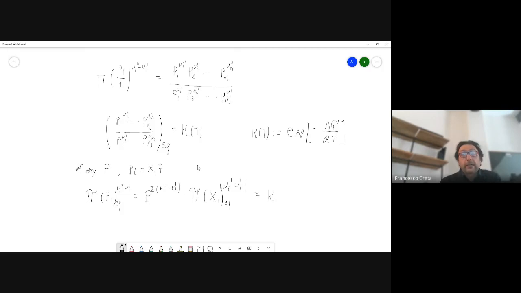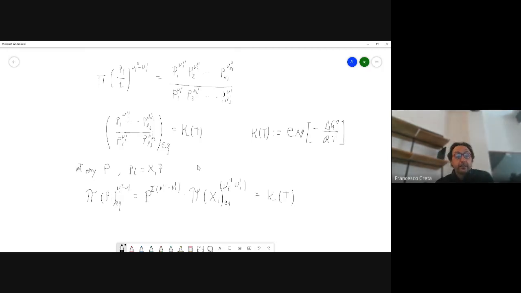And this, again, must be equal to the equilibrium constant. I paused because of a common conceptual mistake that one makes.